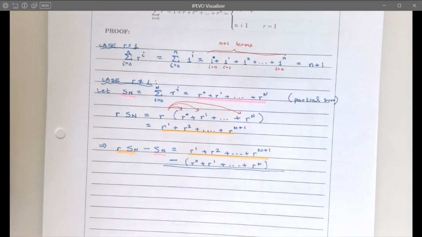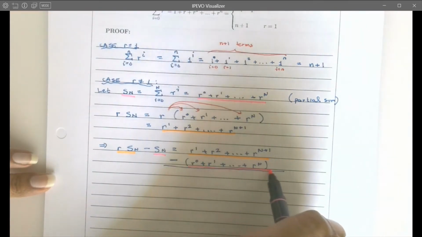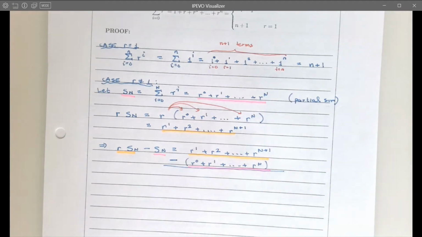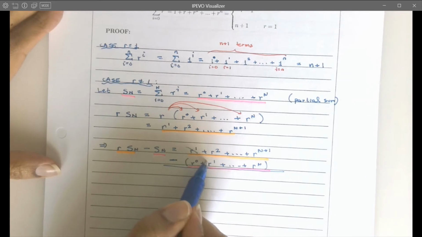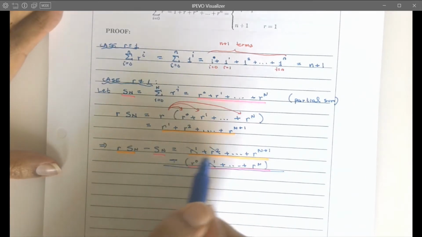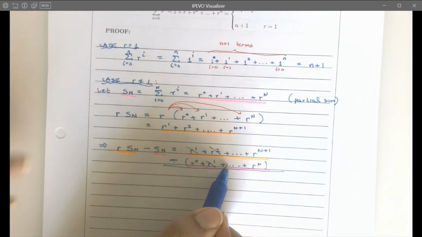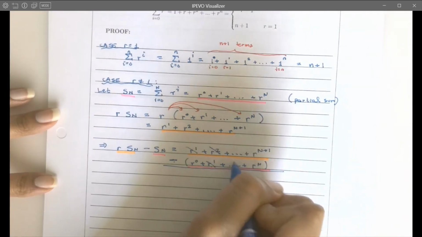So when we carry out this subtraction, R to the 1 is going to cancel out, or subtract out to 0, because I'll have an R to the 1 minus an R to the 1. The R squared will also subtract to 0, because technically the term that's after R to the 1 here would be an R squared.